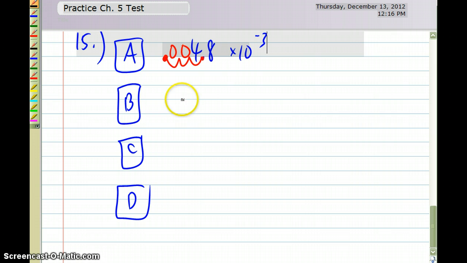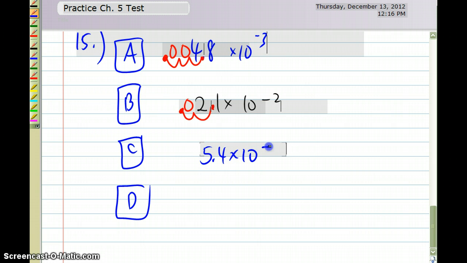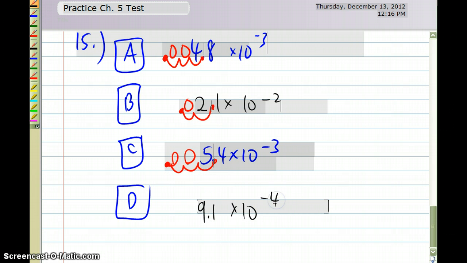For B, I have 2.1 times 10 to the negative 2, means I'm going to take the decimal and move it 2 times to the left, giving me 1 0 in front of the 21. The second problem, I have 5.4 times 10 to the negative third, telling me that I'm going to move my decimal 1, 2, 3 to the left, adding 2 zeros. And then D, I have 9.1 times 10 to the negative 4, telling me that I move my decimal 1, 2, 3, 4, and adding 3 zeros.